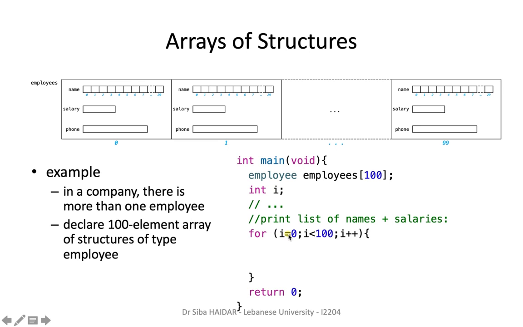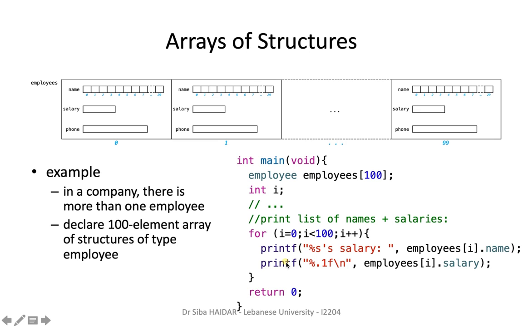For I equals 0, I less than 100, I++, print %s's salary, where %s is the element employees of I, dot name, and print %f, where %f is the employee's salary.